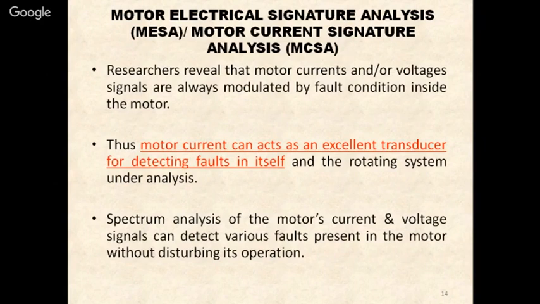This asymmetry will cause an imbalance in the current or voltages of the motor, so these can be diagnosed for fault. The spectrum analysis of the motor's current and voltage can detect various faults present in the motor without disturbing its operation. That means we can diagnose the fault of the motor online.